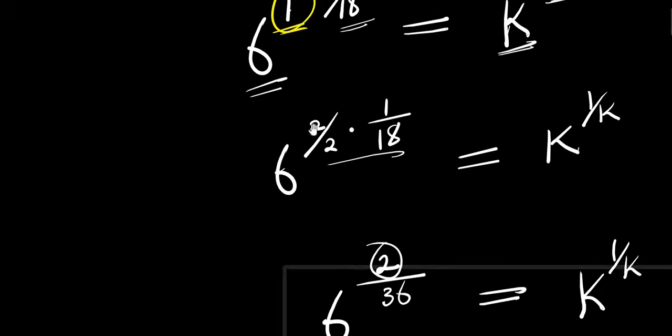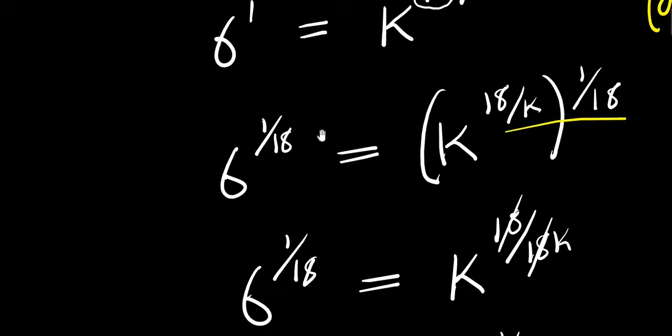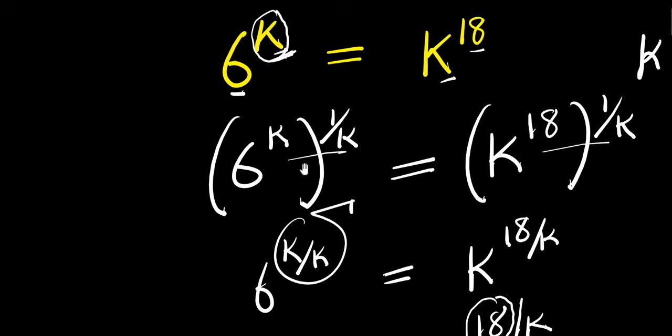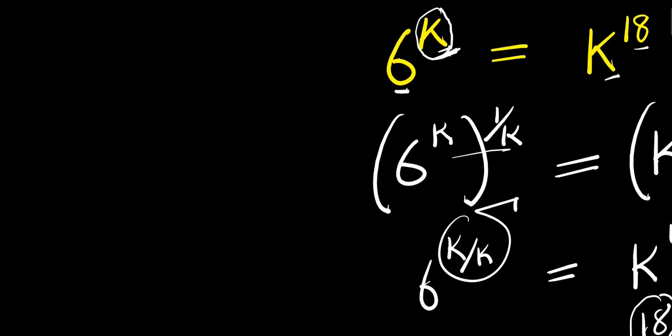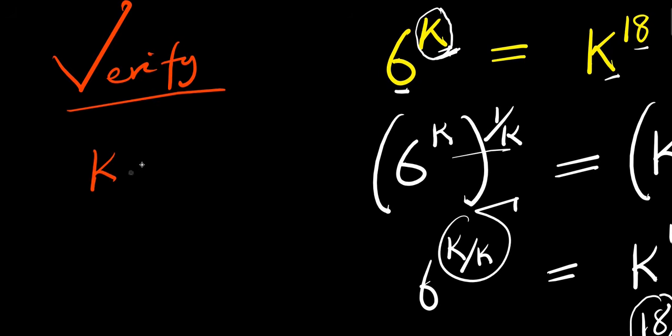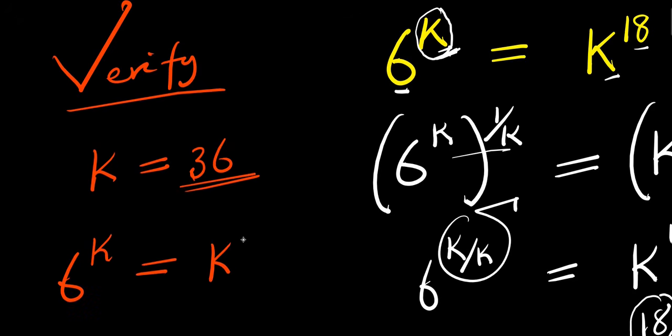You can also decide to verify if this particular value of k will satisfy this equation. Our k is 36. So let's insert it right here. We have 6 power k equals k power 18.